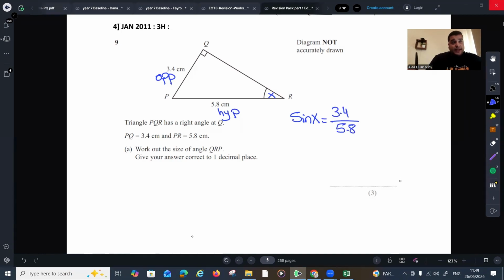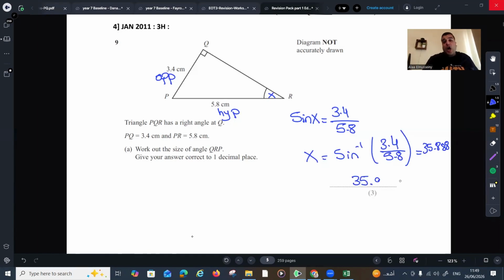If I want to get the angle x, that's sine inverse of 3.4 over 5.8. On the calculator, we do shift sine, okay? So x equals shift sine 3.4 over 5.8. So that's 35.888. Now we need it to one decimal place, so that's 35.9 degrees. Easy? Okay.